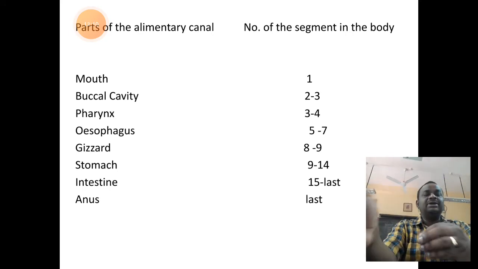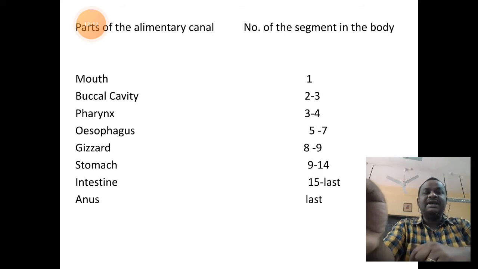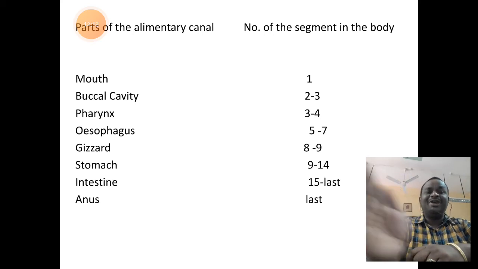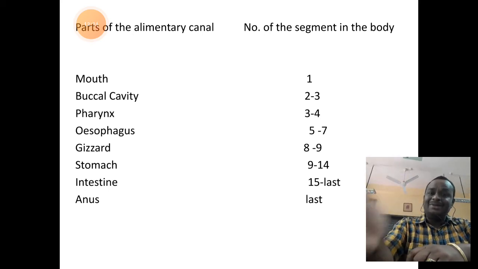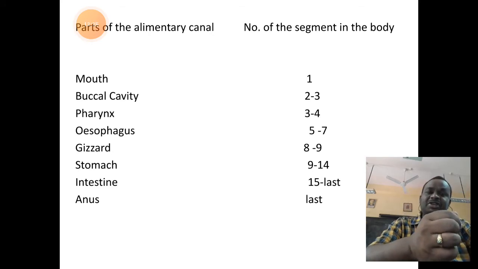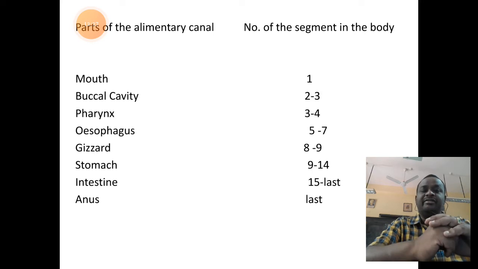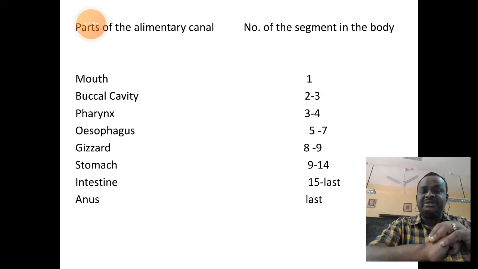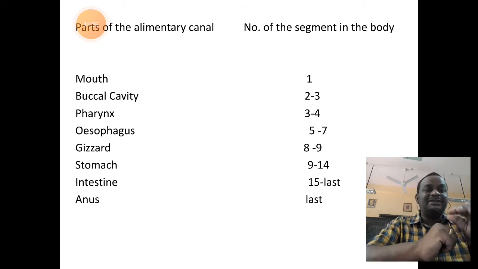Here is a table which includes the name of the digestive canal part, or the part of the digestive system, and towards the right side, the segment in which it is present. For example, the mouth is present in the first segment. The buccal cavity, the second part of the digestive canal, is present between the second and third.